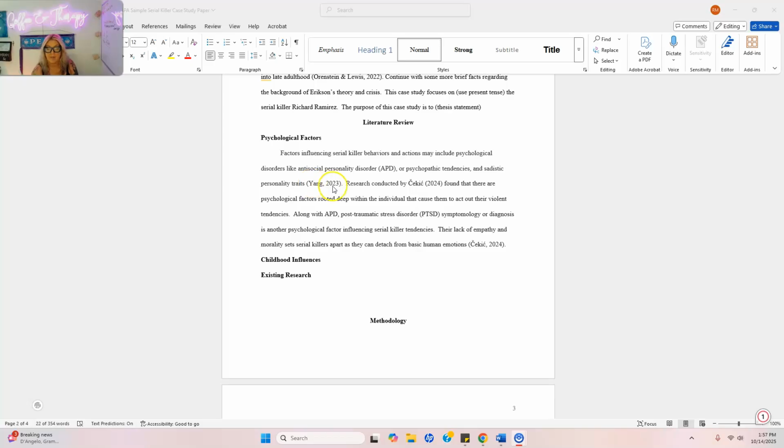And then I cited it, right? It's correct. Here's a rule that a lot of people mess up. Anytime you say something that you can abbreviate, or an acronym, whatever, you have to spell it out first. You cannot assume in APA that everyone knows what APD is, because they don't.